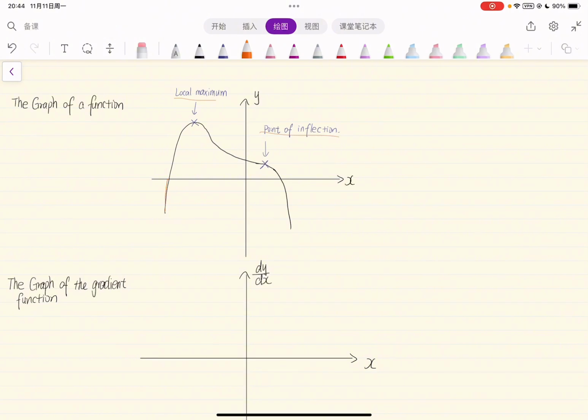For this part, we can see the gradient is positive.